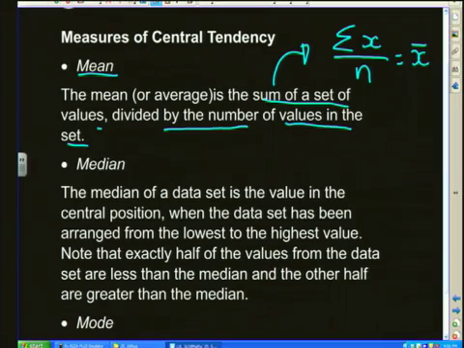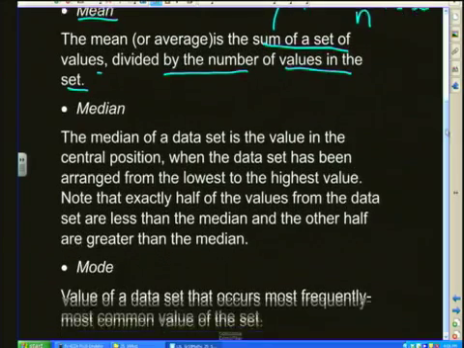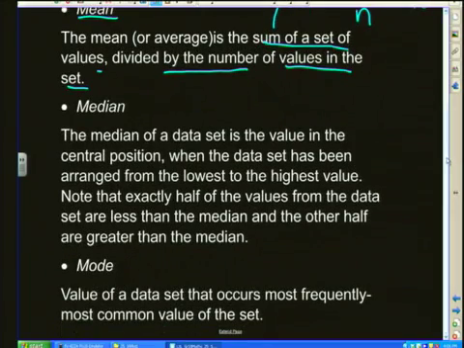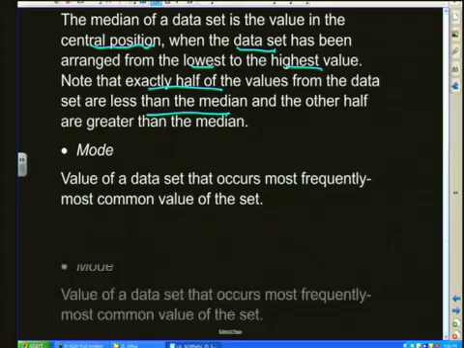All right? The median is the value in the exact central position. In order to work out your median, very importantly, the data set has to be arranged from the lowest to the highest. So from your minimum to your maximum value. And what happens with your median is that exactly half of the values are less than whatever the median is, and then the other half will be greater than the median.